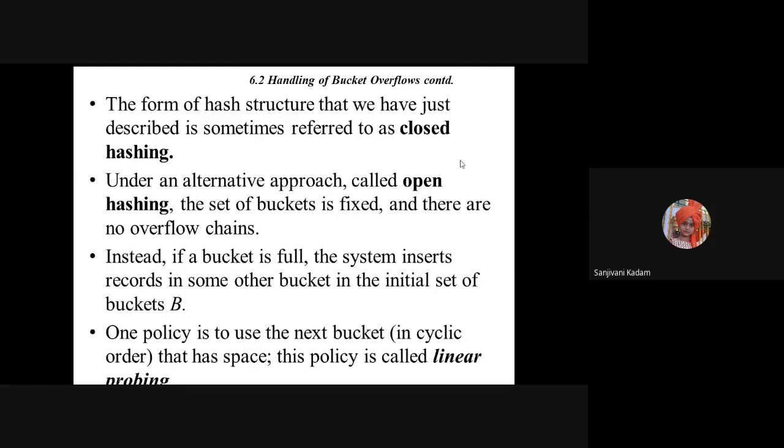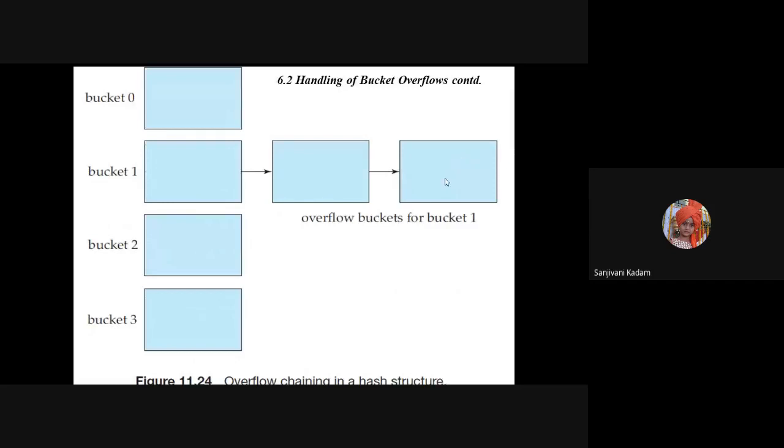Closed hashing means that if I'm having a record inserted into 0, a record inserted into 1, I should close all search keys which are pointing to bucket 1 into this bucket only. It should not go into bucket 2 or 3.